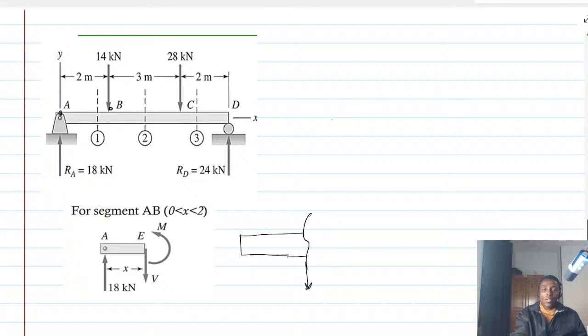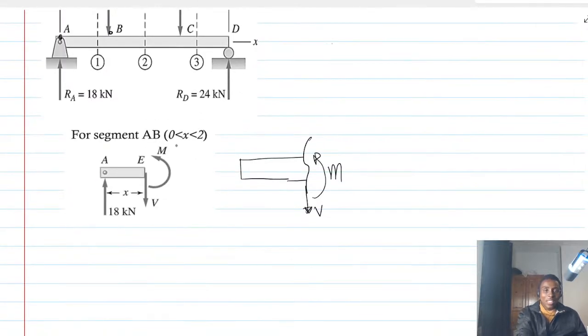So shear force will come down and moment will go this way, always, whenever you cut a section. So now we are going to assume that this is actually a rigid body in equilibrium.